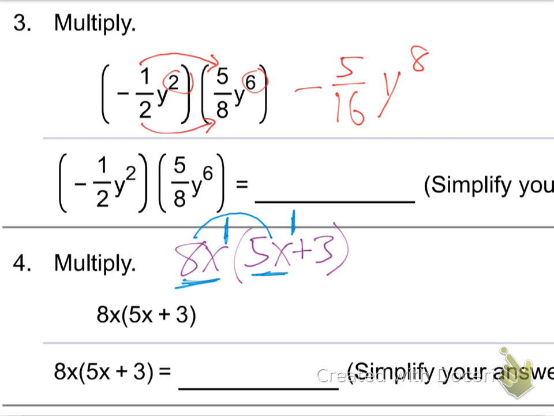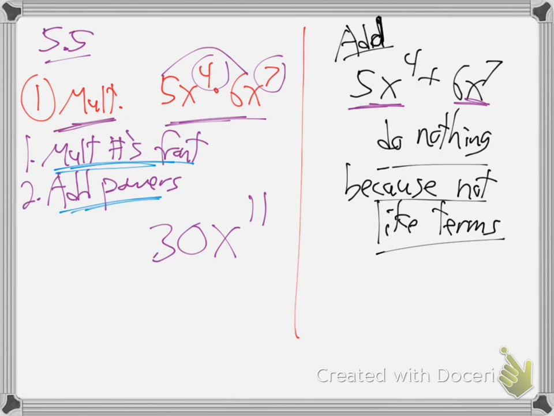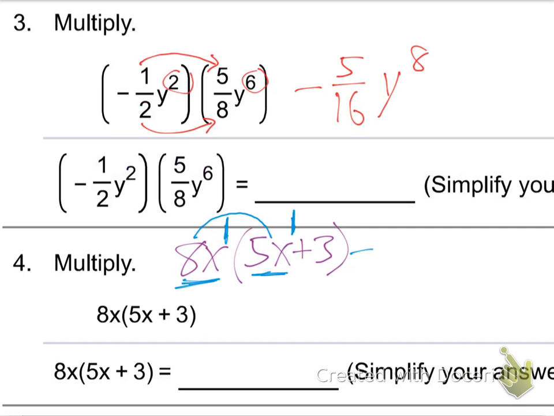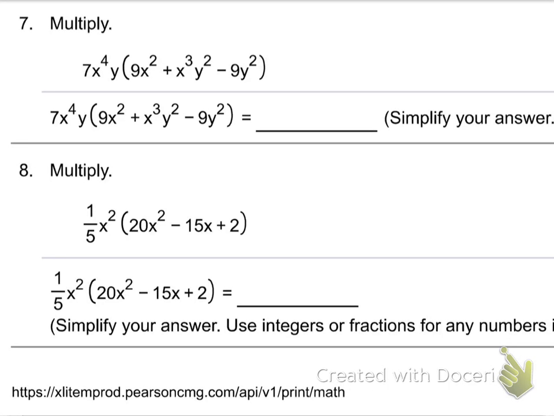So remember what happens when we multiply number letter things? Out front numbers multiply, powers add. 8 times 5 is 40, powers add, x squared. Plus, and then 8x times 3, 24x. Done. Good? All is well? Questions? All right.